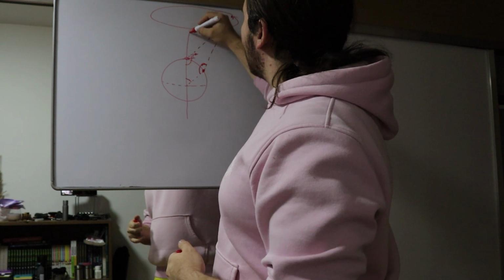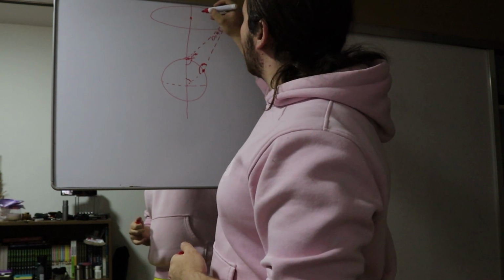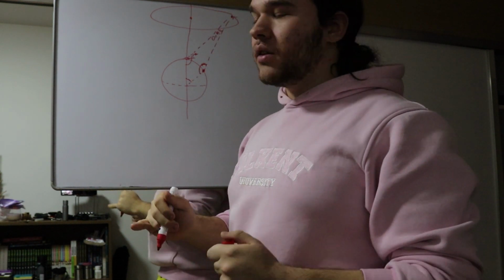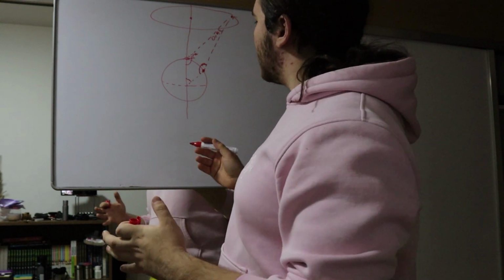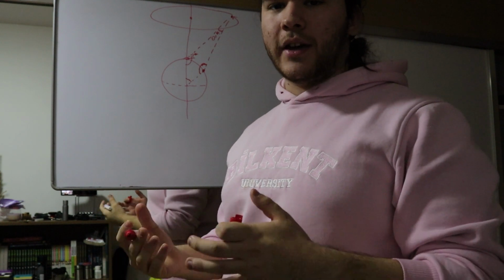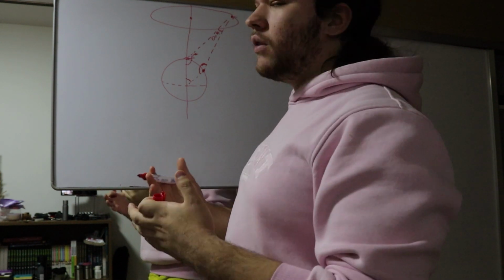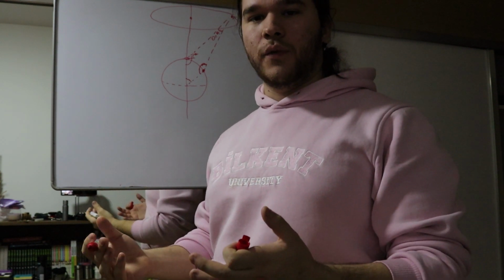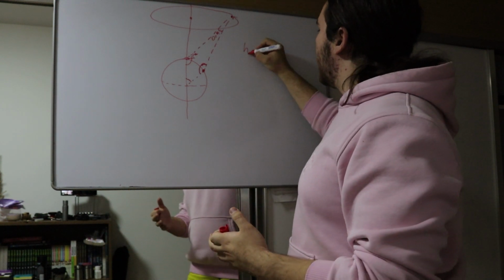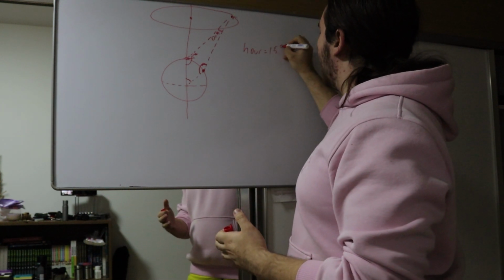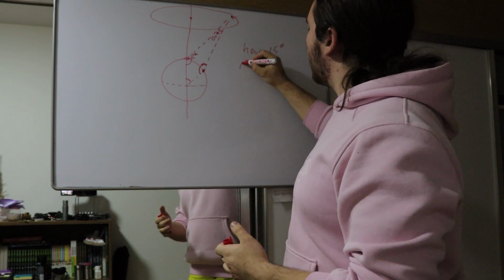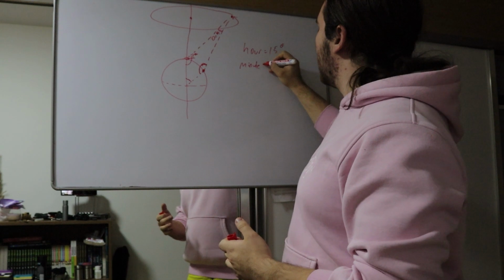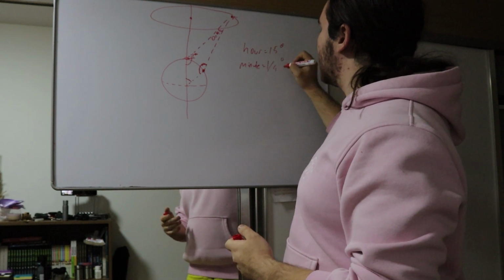So let's assume this is the center of the rotation. Since that rotation is 360 degrees, which is 24 hours, we can conclude that an hour will equal 15 degrees of rotation. And since a minute is 1/60th of an hour, we can conclude that a minute is 1/4 degrees.